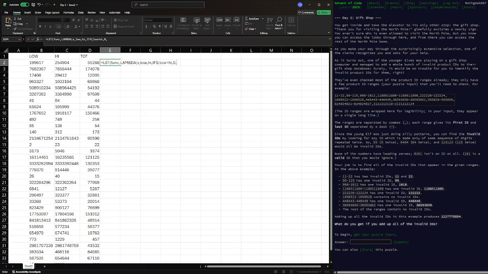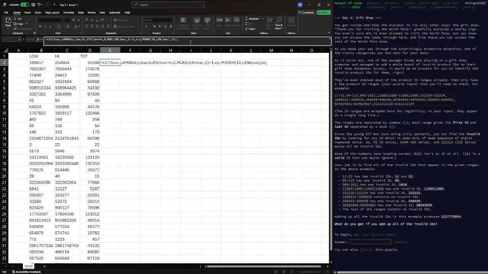Hmm. If the length of low, I'm going to do MOD of the length of low and 2 equals 1, then we have to do power, 10 to the power of the length of low. Then we're going to return x of x, low, high.